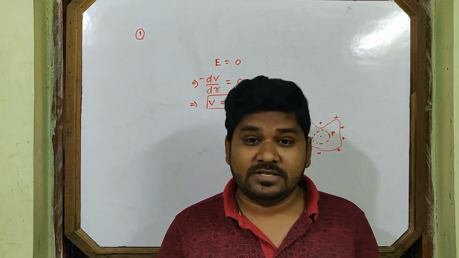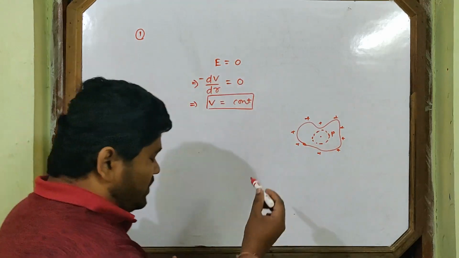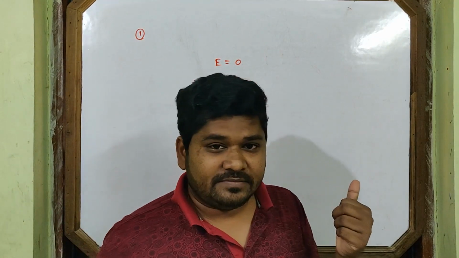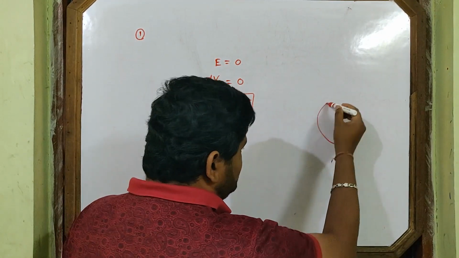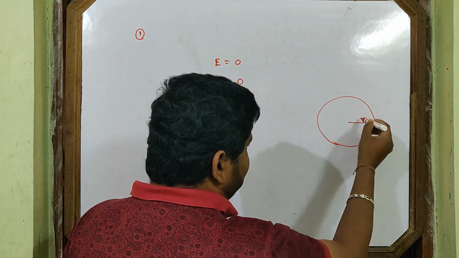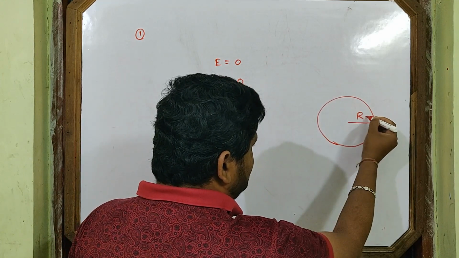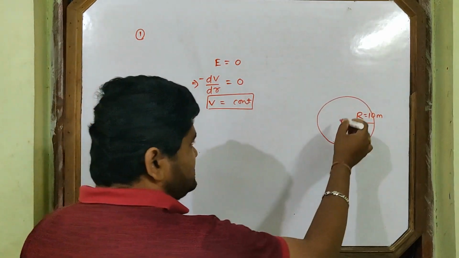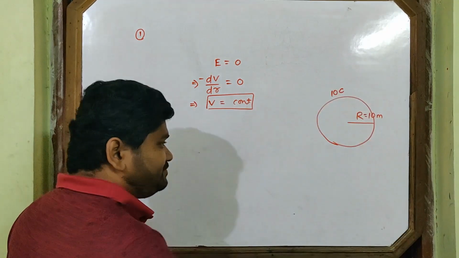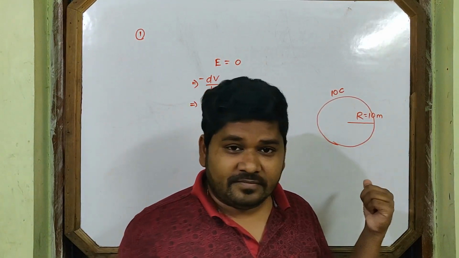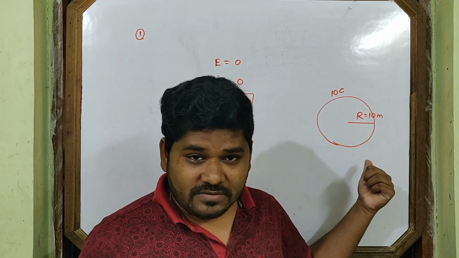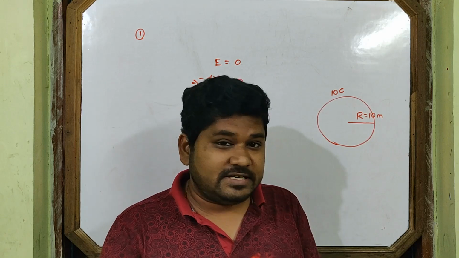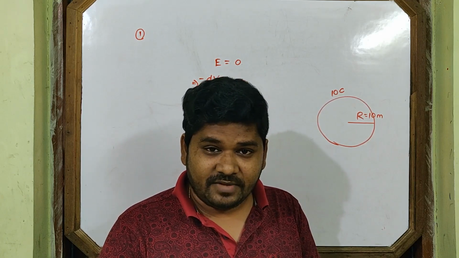One thing I can tell you is where you will apply this concept. Suppose this is a conducting sphere, a metal sphere, with radius 10 meter, and the charge given to it is 10 coulomb. Charges reside on the outer surface.